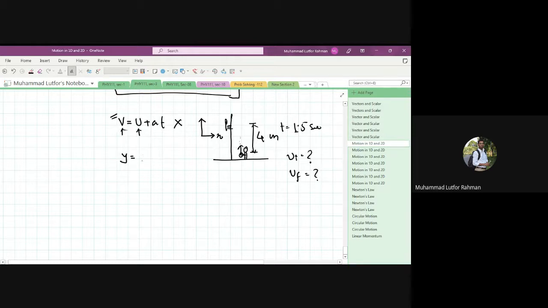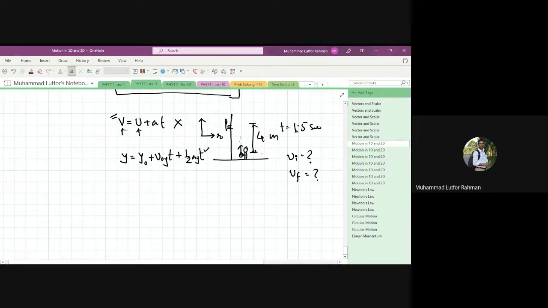Then, because this motion is along the y direction, I write the y format of this equation, y equals y naught plus v naught y, the initial velocity along the y direction, times t plus half of a y t squared, right? So this is my equation.